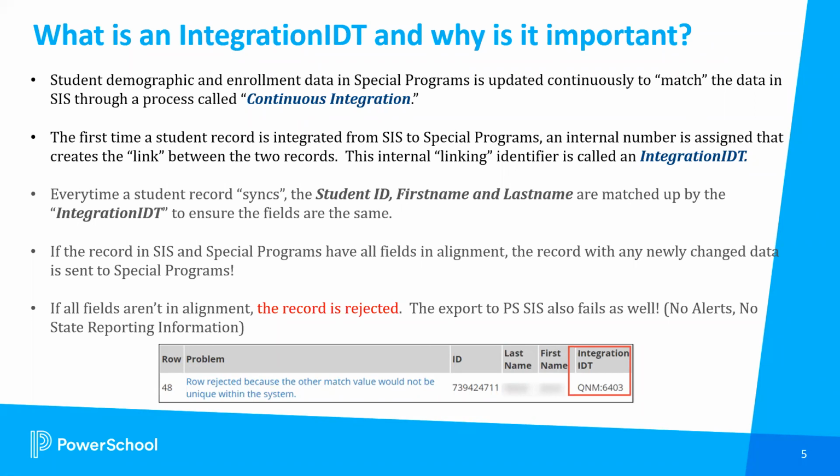Okay, and think about this, it rejects the rows, and it also means that as the row is rejected coming in, if anything about that student changes that needs to go back to SIS, it's not going to send it back the other way. So that explains why sometimes you might not get an alert from one side to another, or if you have data over on the special program side that's not getting correct data coming in from SIS. It's all about that integration ID.